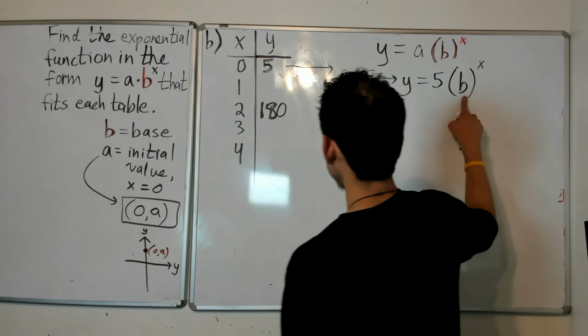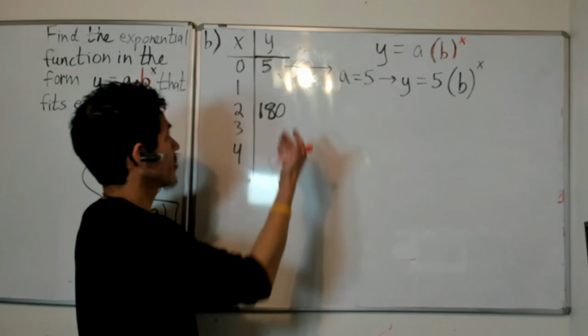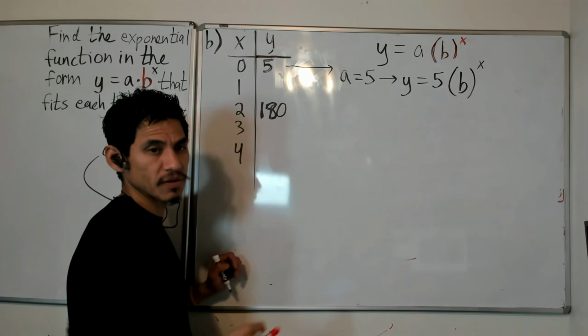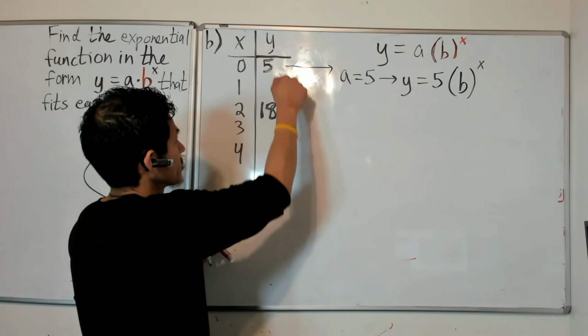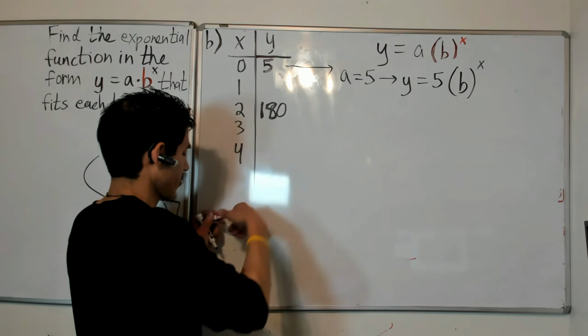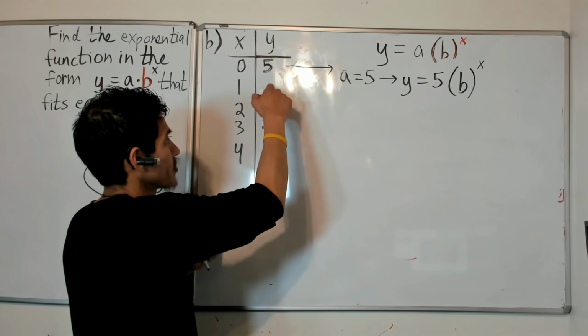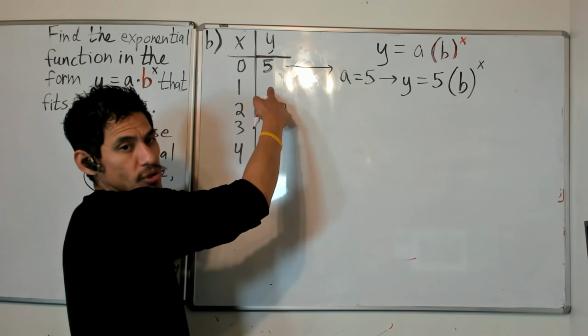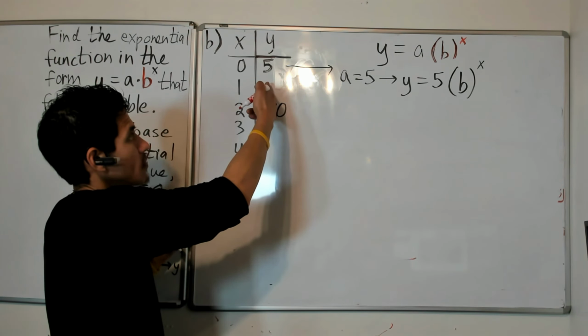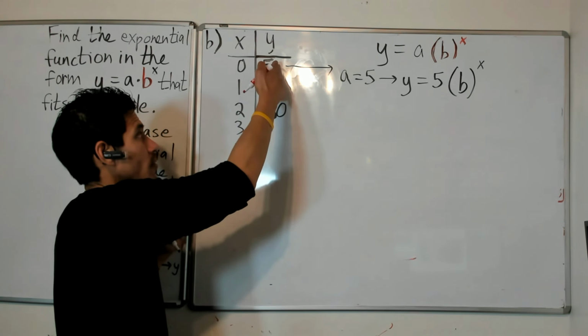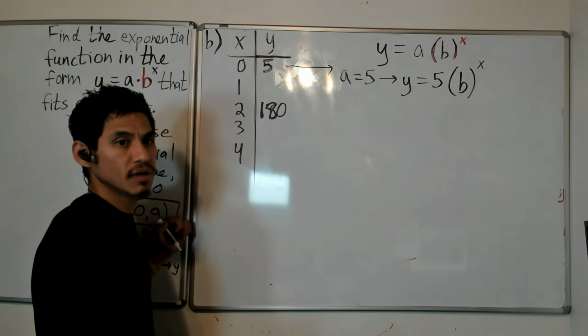So we still have to find the base. The thing that makes this a little more advanced is that we're skipping a term. We're going from 0 to 1 to 2, but we're not given the y value for the next term.